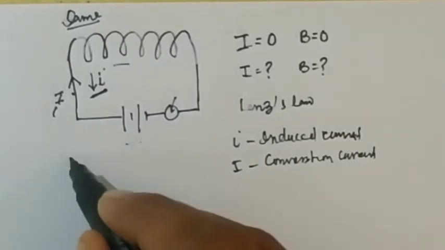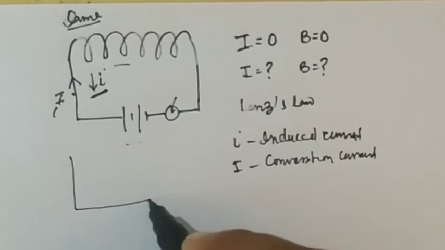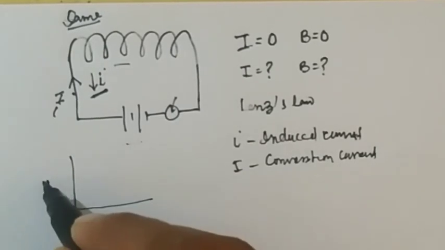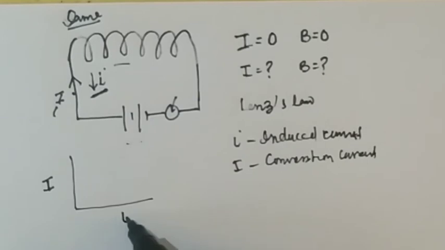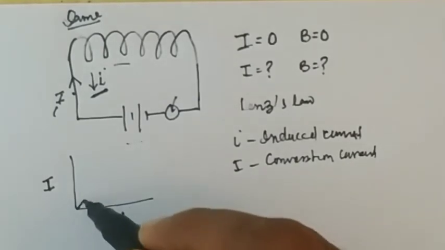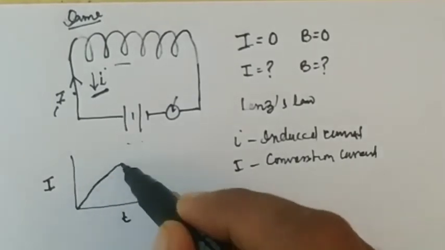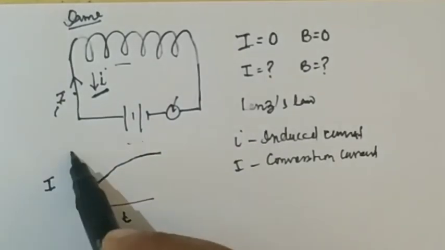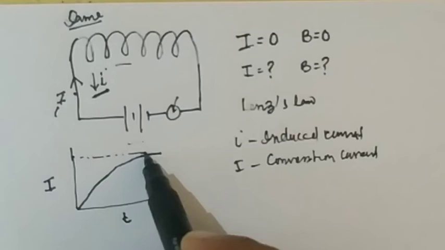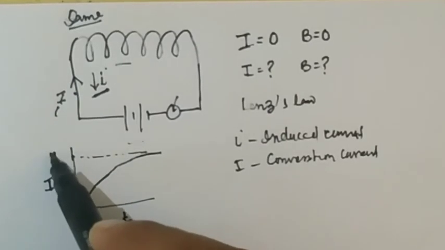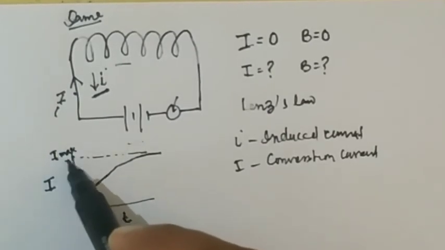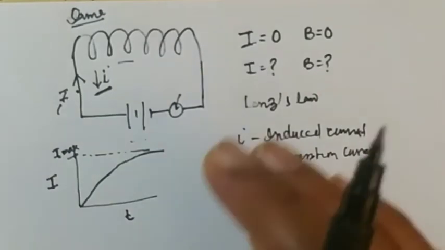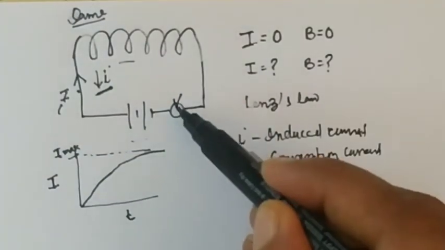If I draw the graph, suppose this is your current, the conventional current, and this is your time. So the current builds up slowly and reaches its maximum value after a certain time. This phenomenon occurs only as soon as you close this key.